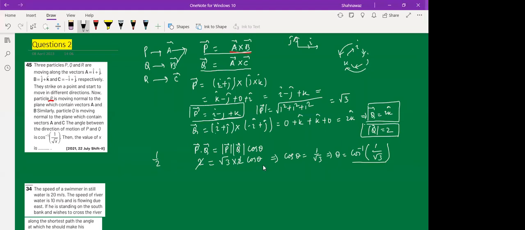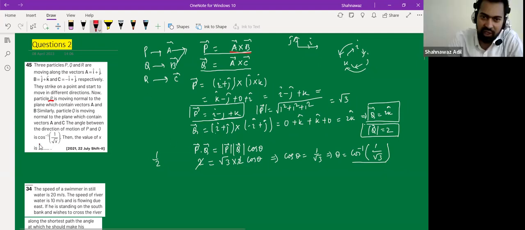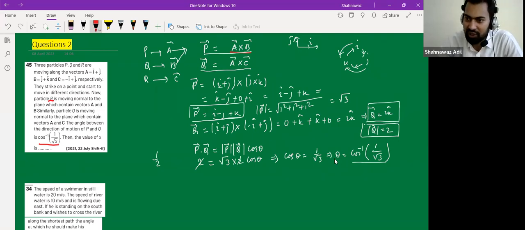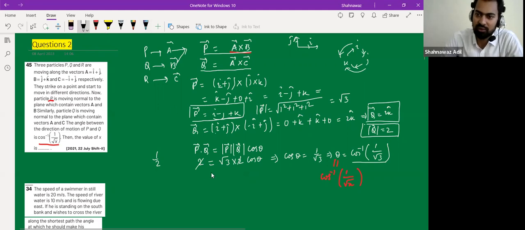Now let's compare this with the given direction. They are saying that the direction was found to be cos inverse 1 by root x. So theta equals cos inverse 1 by root x, and we have to find the value of x. Let's compare these two.